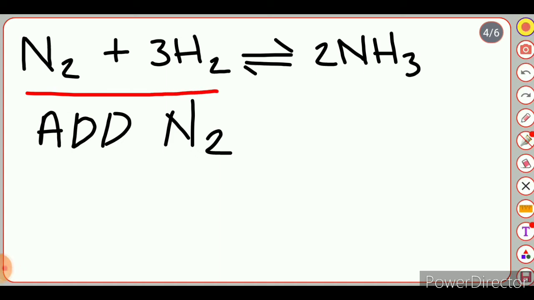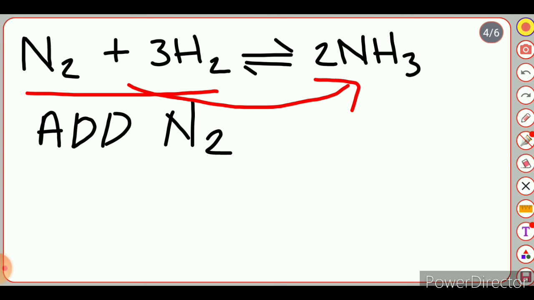So the system will try to reduce the concentration of the reactant. For that, more reactants are converted to product. That is, the system will increase the rate of forward reaction. So adding more N2 will increase the forward reaction. That is, more NH3 is produced.